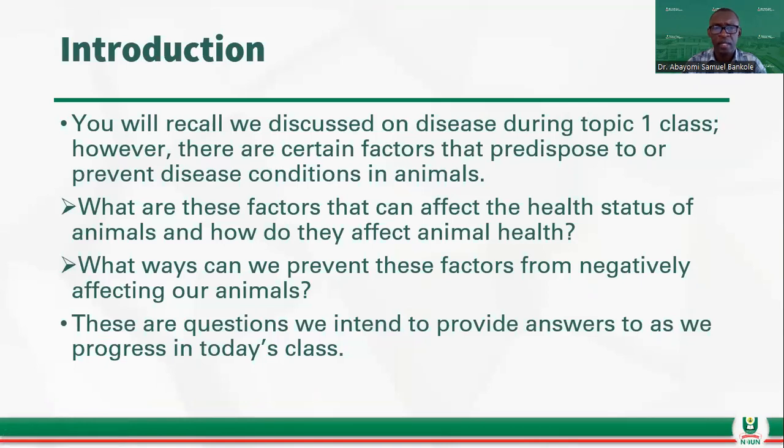Now, what are these factors that can affect the health status of animals, and how do they affect animal health? Again, we look at in what ways we can prevent these factors from negatively affecting our animals. These are questions we intend to provide answers to as we progress in today's class.